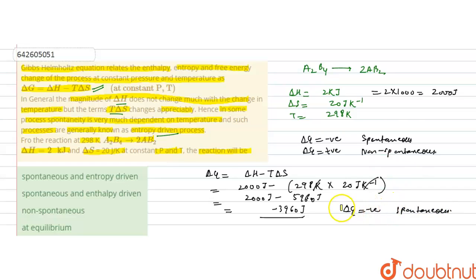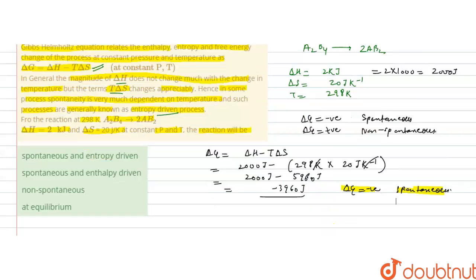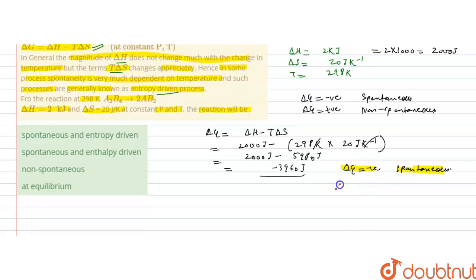Now it is spontaneous, but it is spontaneous due to entropy because its delta G is negative due to the term minus T delta S. This is negative, and this magnitude is higher than that of the positive term delta H, because delta H is not supporting the free energy here.